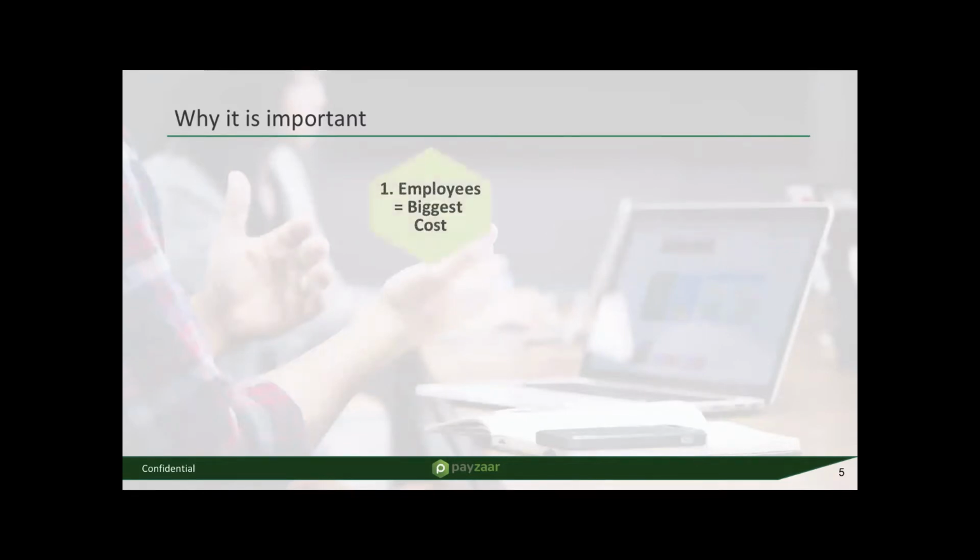Number one, when we're talking about employee data, it's important to recognize that for most organizations, their employees are not only their most important asset, but also one of the biggest, if not the biggest, cost block in the company's P&L. So it's absolutely critical to manage that cost in a careful and deliberate manner in order to ensure profitable growth for the company.